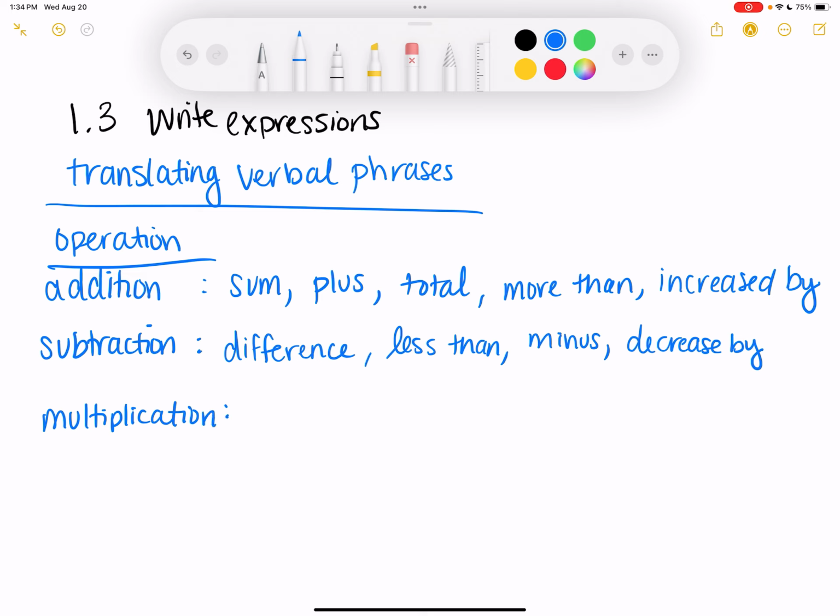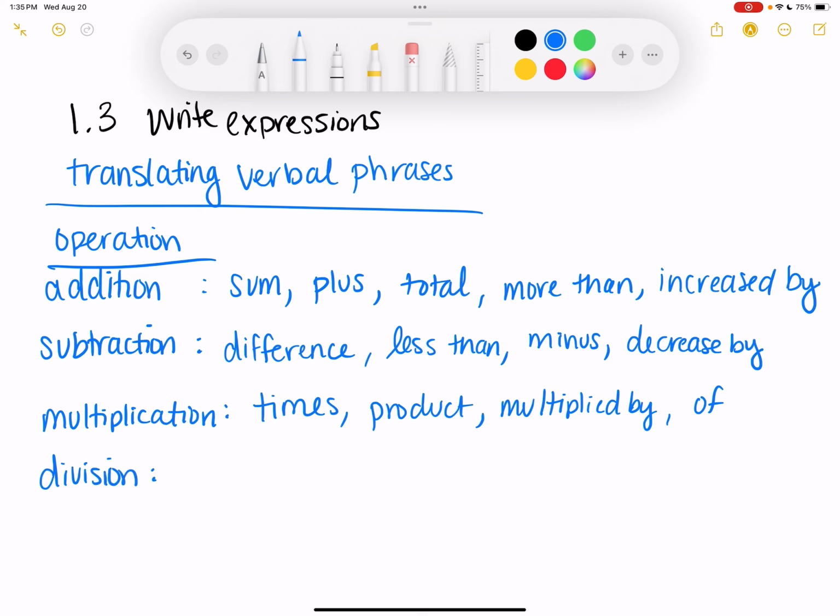Multiplication, words like times, product, multiplied by, of, something like that. And then lastly, division.